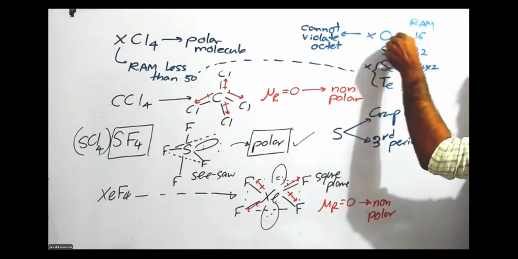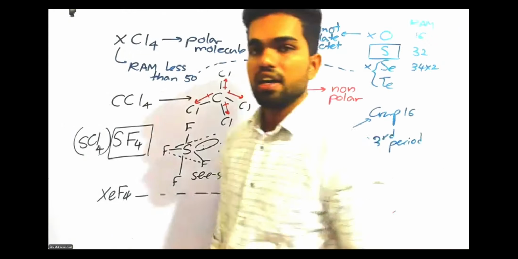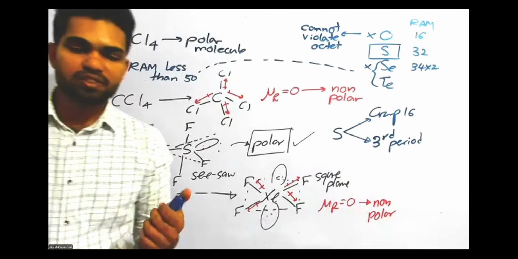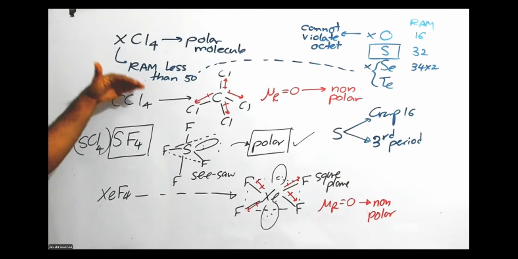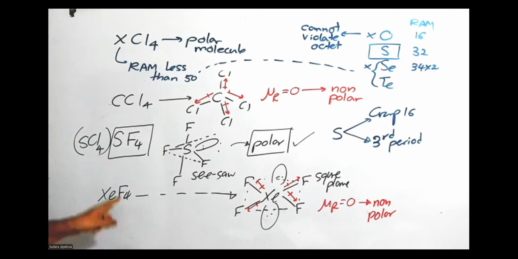So the correct option is going to be sulfur. Understood? You just have to use your practice for this question. Just remind yourself of the possible molecules that can form bonds with 4 halogens: CCl4, SF4 and XeF4.